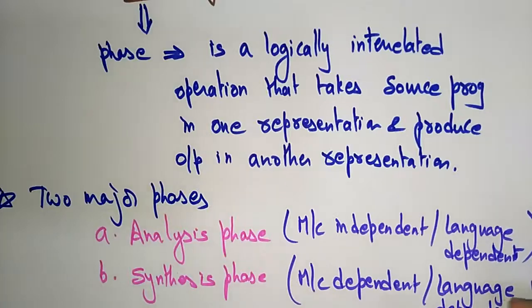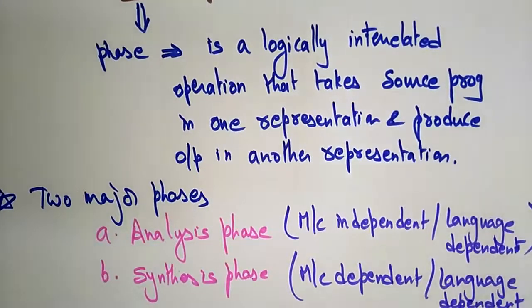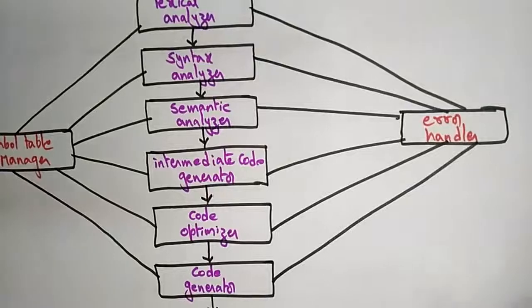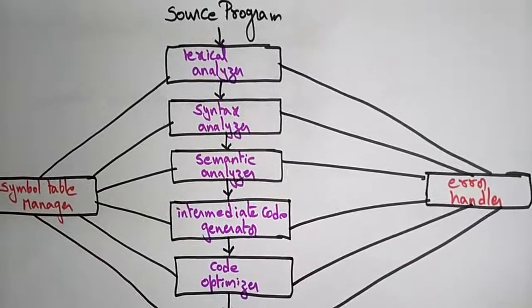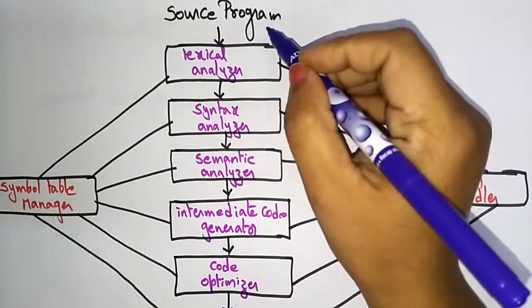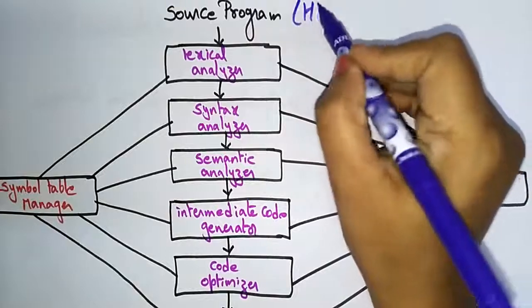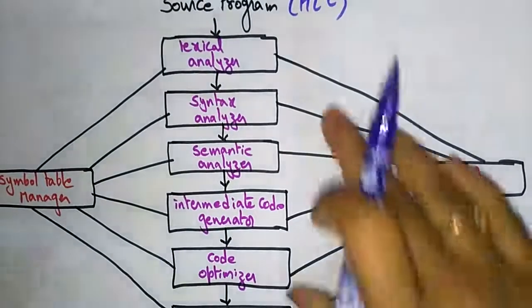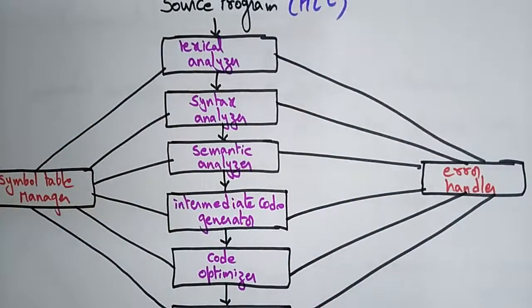Now let's see the different phases present in the compiler. This is the structure of the compiler. First, the source program is the program you have written in a high level language, and it enters the compilation phase.